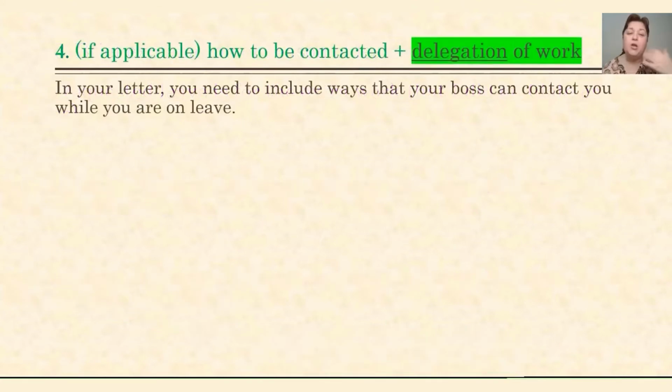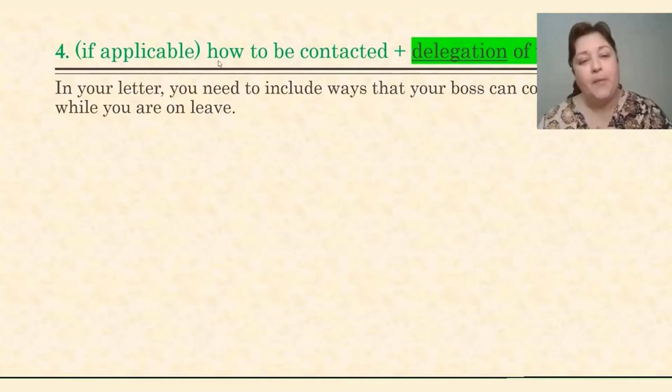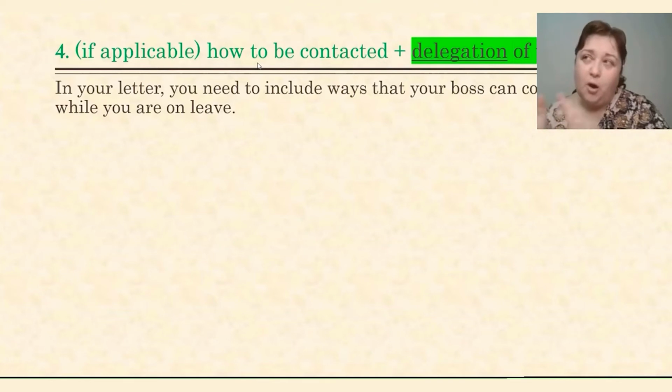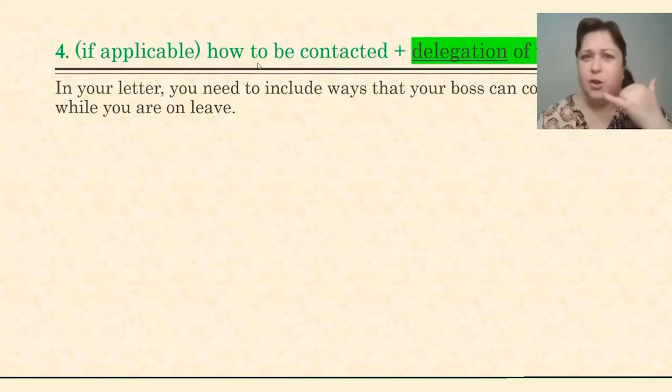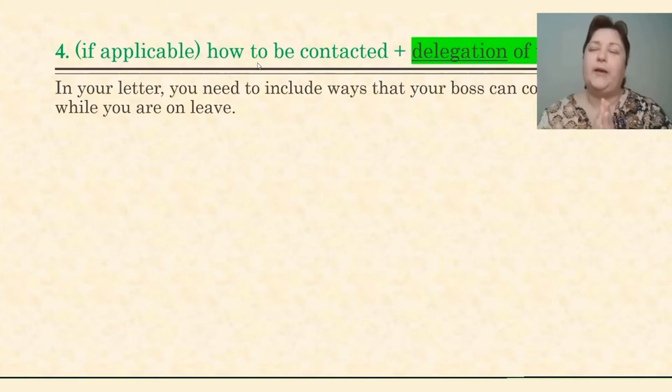Okay, so up to now we have given reasons why. Now, where you're working, if you go on leave, for example, if you go on holiday, maybe you don't want your boss to call you or email you, you're on holiday. That's fine, okay?